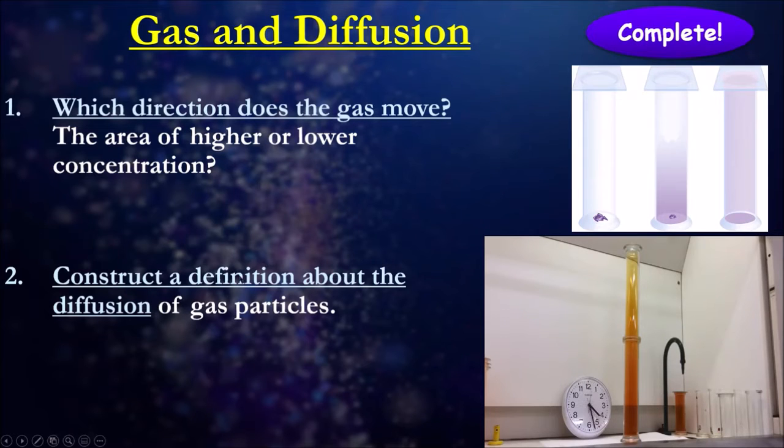Okay? And so what can we say about diffusion? Well, diffusion is basically a property of gas, or water, where particles go from an area of high concentration to low concentration. This is a concept you would probably cover more in biology.